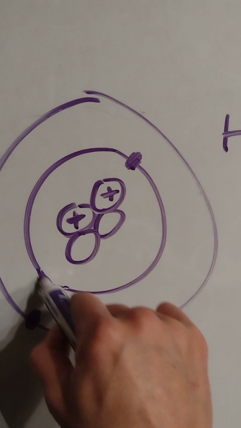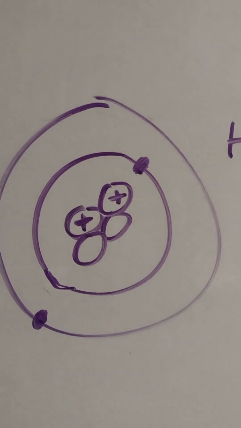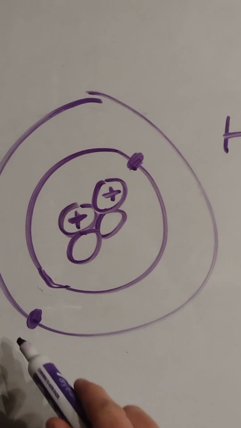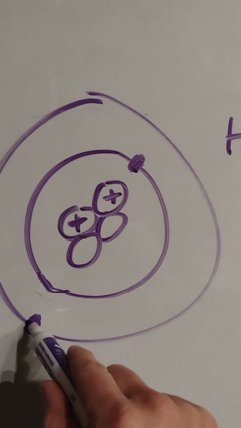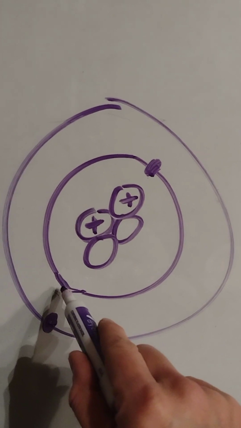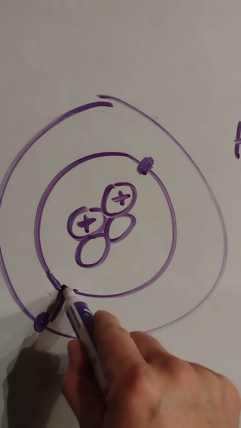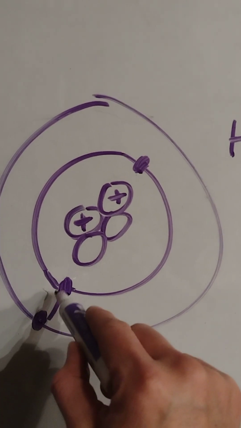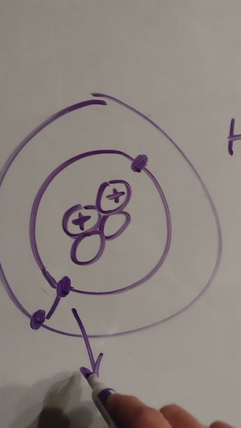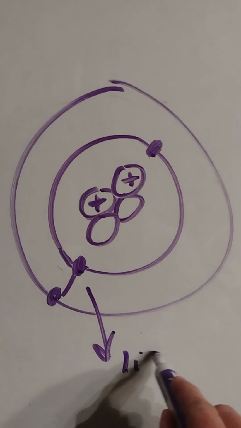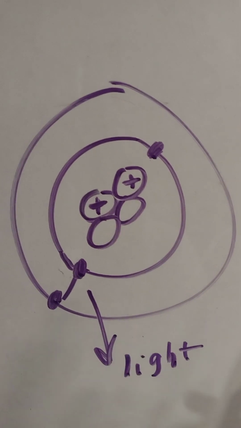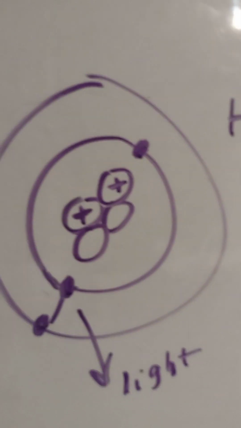This is an excited atom and it doesn't like to be like that. It always wants to go back to its ground state and have all of its electrons in the lowest energy level. So this one will want to go back here. The cool thing about that is that it's going to release light or energy when it goes back to its ground state.